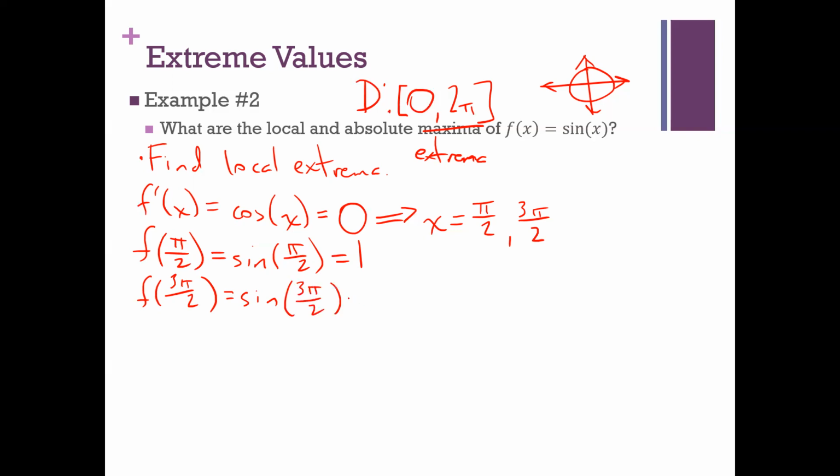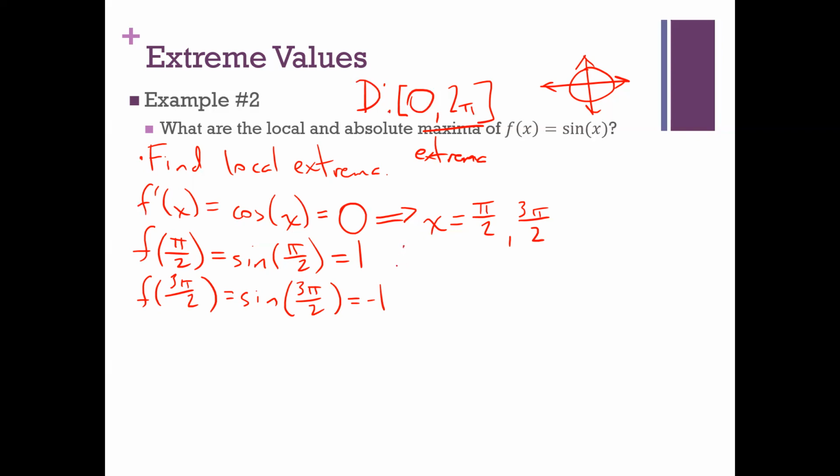So can we say anything right now about local min, local max? How many candidates do I have for local min and local max? I have two candidates for both, right? But one is clearly bigger than the other.